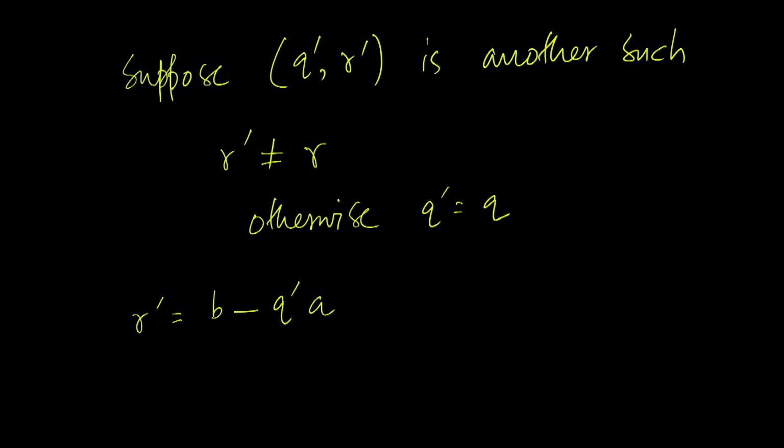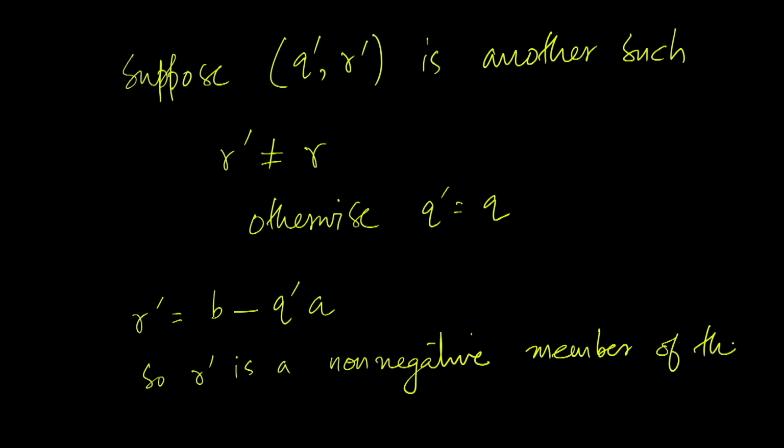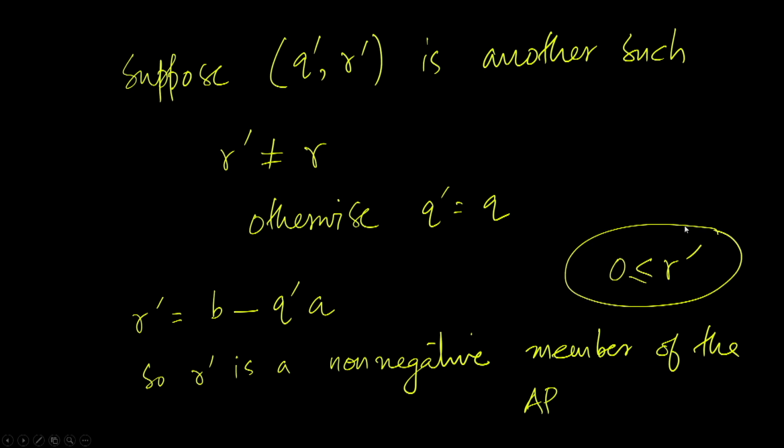That is because q prime r prime is an ordered pair which satisfies our requirement. So r prime is a non-negative member of the AP. That is because we assume that 0 less than or equal to r prime.